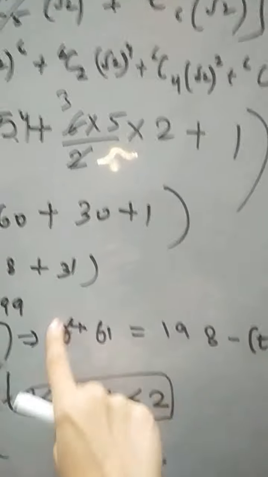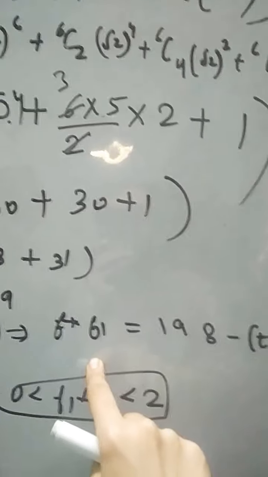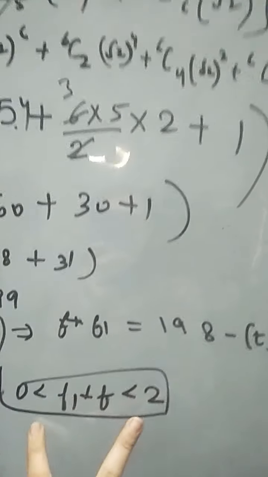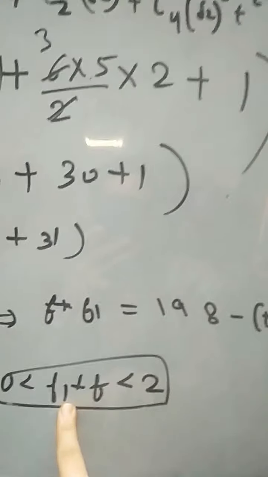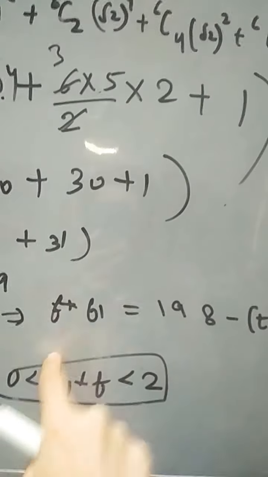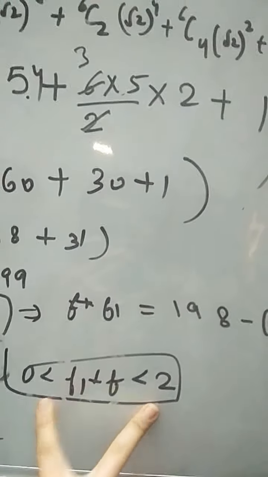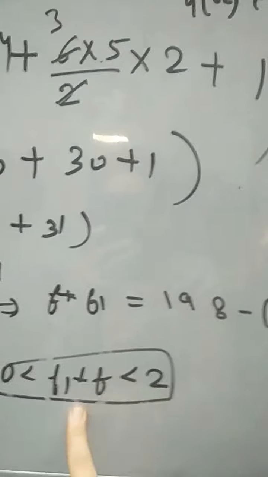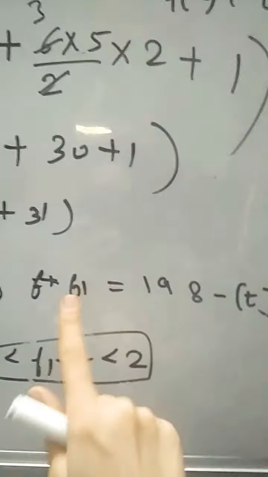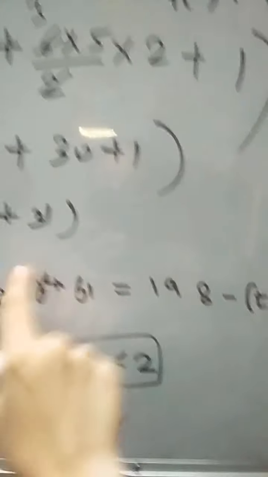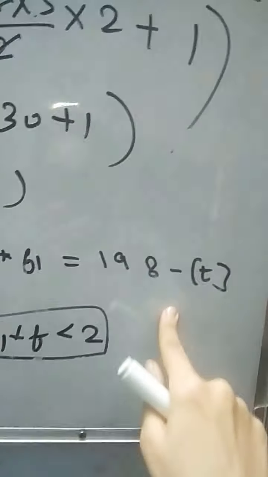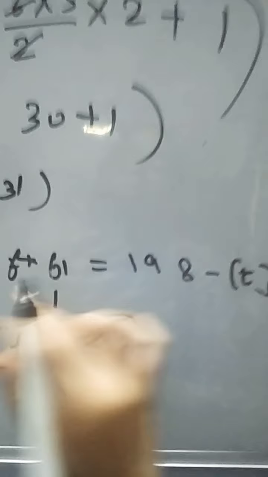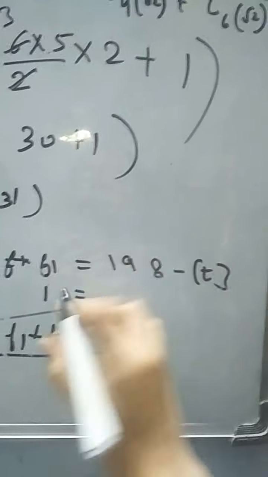Therefore, this value will be an integer. And we know that this is lying between 0 and 2. Therefore, this value should be 1, because in between 0 and 2, we have only one integer, that is 1. Therefore, f plus f1 is 1.